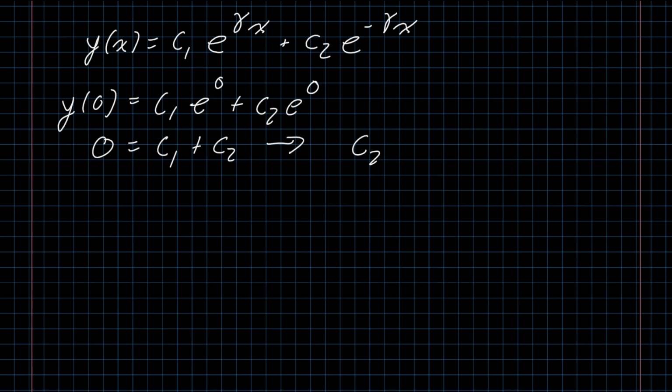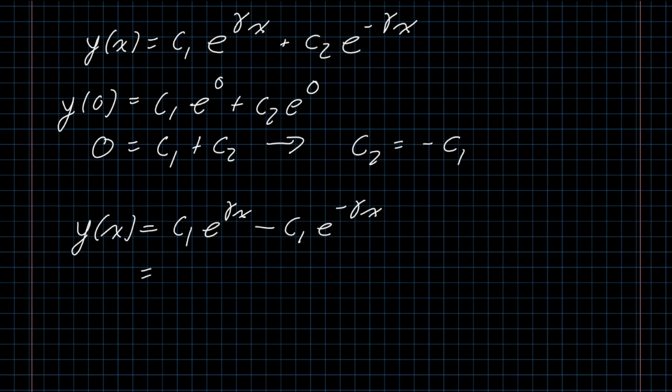Rearranging this, we get that c2 is the negative of c1, and we can plug that in to our original solution here. We have c1 e to the gamma x minus c1 e to the minus gamma x, and might as well factor that out, c1 times e to the gamma x minus e to the negative gamma x.